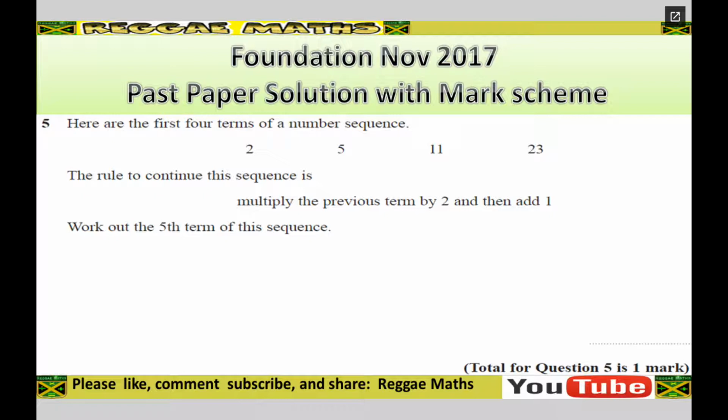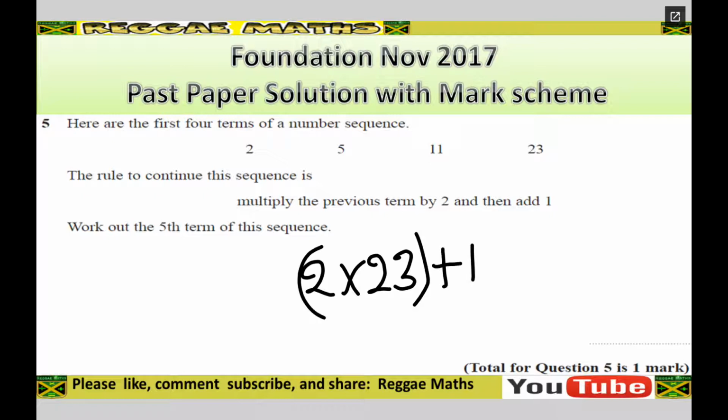So you can see here 2 times 2 is 4, add 1 is 5. 2 times 5 is 10, add 1 is 11. 2 times 11 is 22, add 1 is 23. 2 times 23 is 46, plus 1 equals 47.